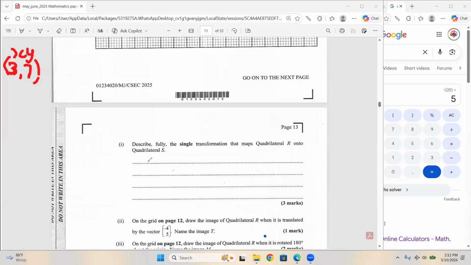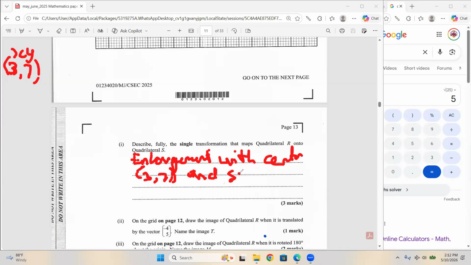It's definitely an enlargement, with center (3, 7) and scale factor, or you could put SF, short for scale factor, 2. Once you have that, you get 3 marks.